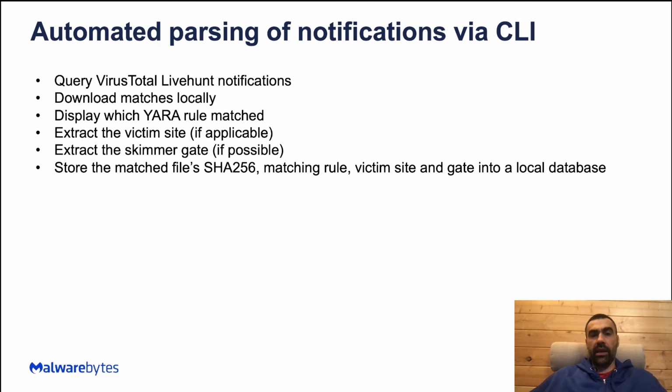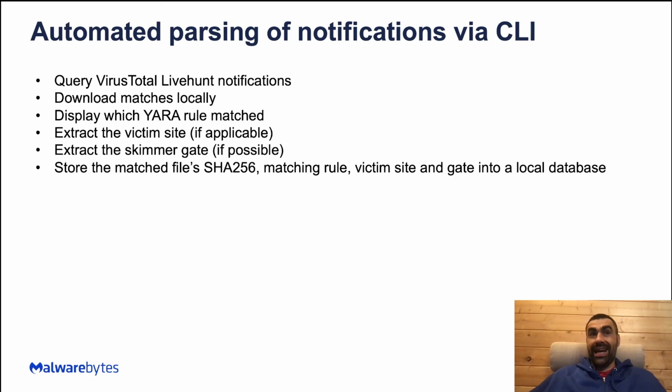So via the command line, you download the matches locally. You'll be able to display which URL matched and extract the skimming site and gate, again, depending on cases, not always, as well as store all of the information you have into a local database, which is really useful when it comes to VirusTotal, because as you'll notice, people, I don't know if it's the same people or not, will tend to upload the same file over and over again.